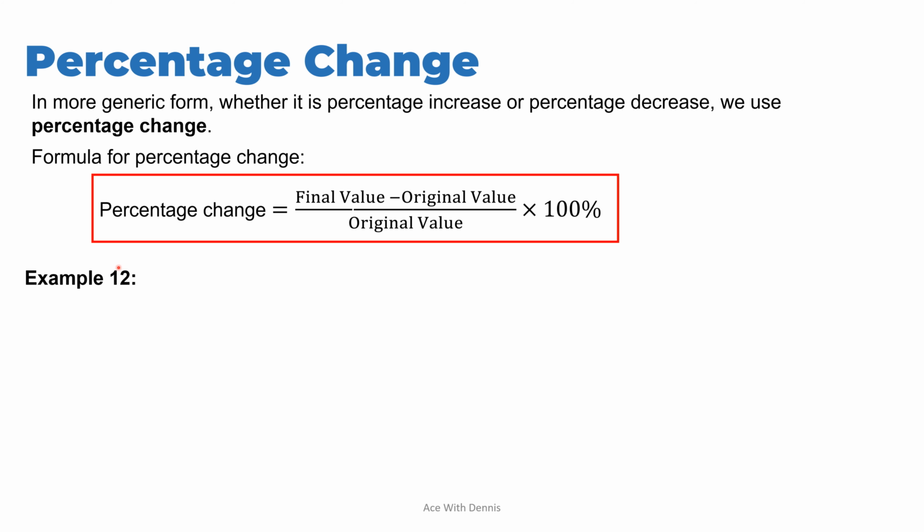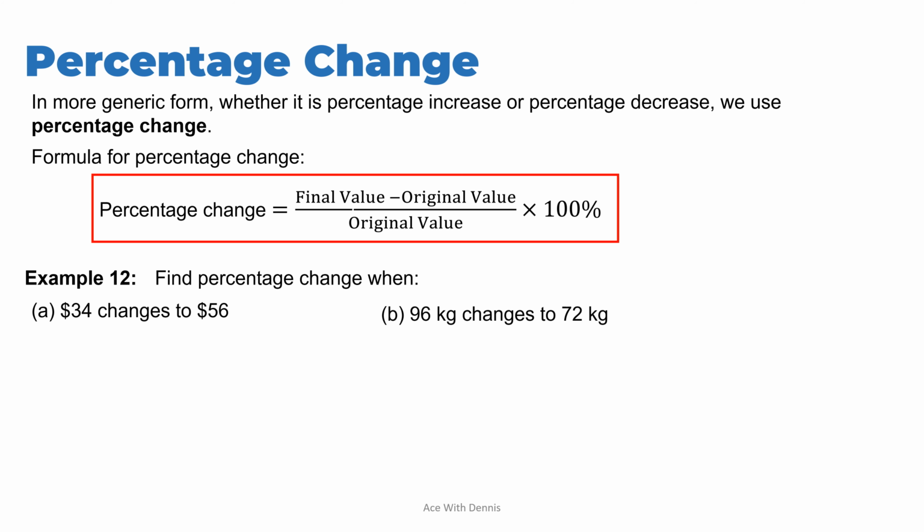Okay, now look at example 12 here to get a clearer picture. Find the percentage change when A, $34 changes to $56. B, 96 kilograms changes to 72 kilograms. So the solution here for A, just apply the percentage change formula.